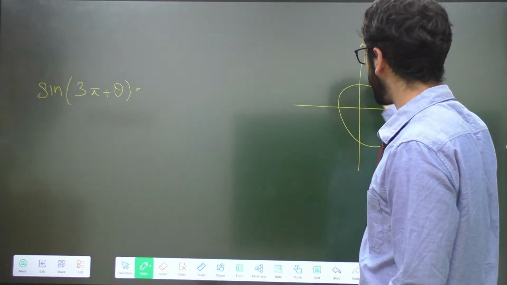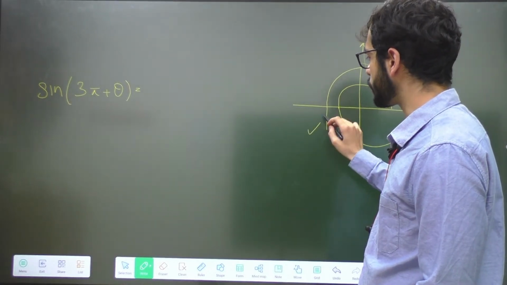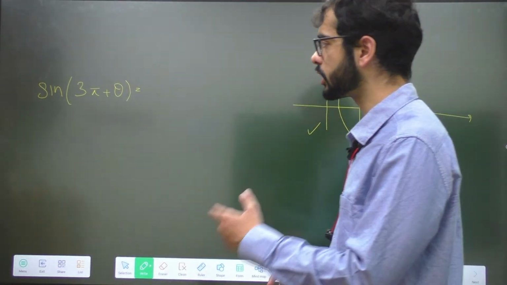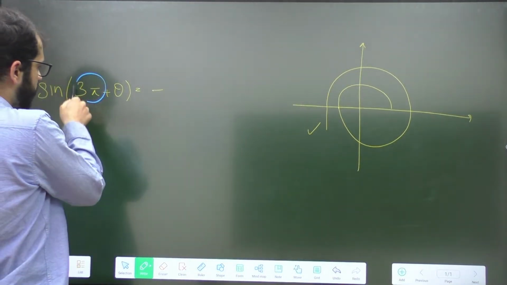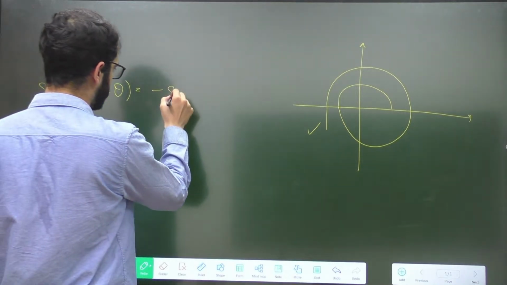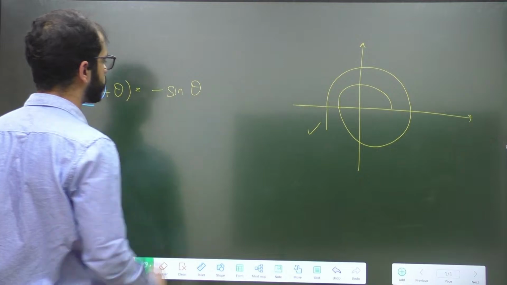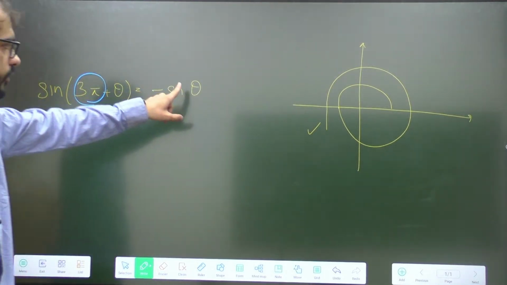If I travel 2 pi more, I come back over here. Now after traveling 3 pi, I enter into the third quadrant. If I am in the third quadrant, sine is negative over here. Now this is a multiple of pi. Since it is a multiple of pi, sine will remain sine. So I am going to put sin over here and theta over here. So sine of 3 pi plus theta can be written as minus sine theta.